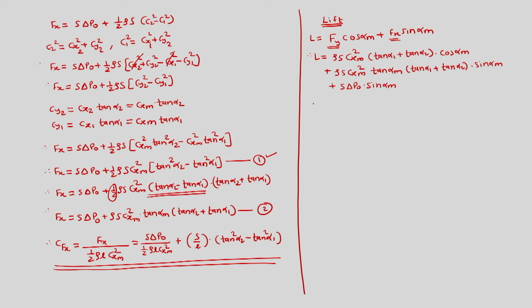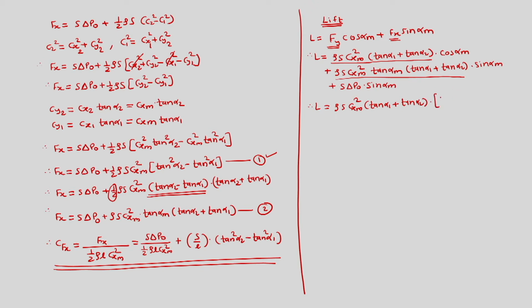Now, here we can rearrange and take rho S Cxm square into tan alpha 1 plus tan alpha 2 common from the first two terms.